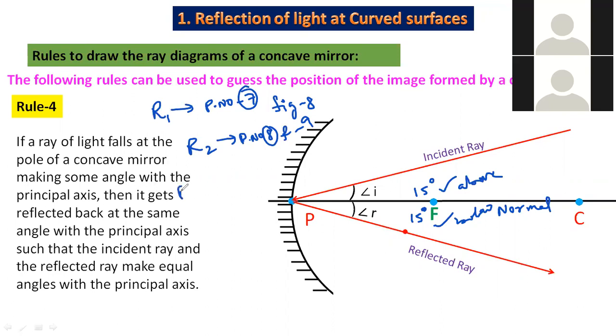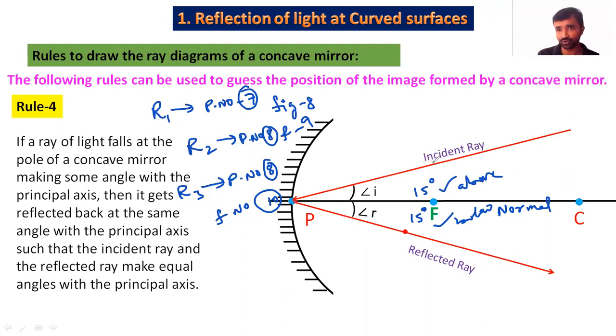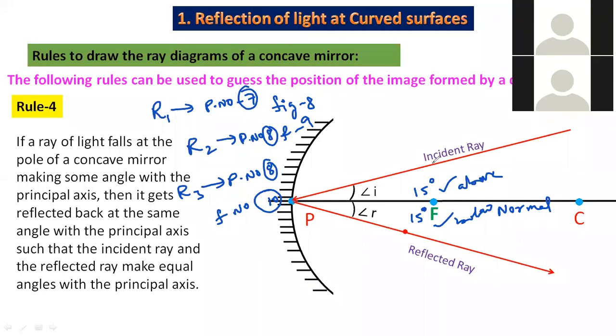R3 is given on the same page 8 and figure number 10. Can you see them now? See your textbook, that I explained. Right? So this is the topic for today's discussion.